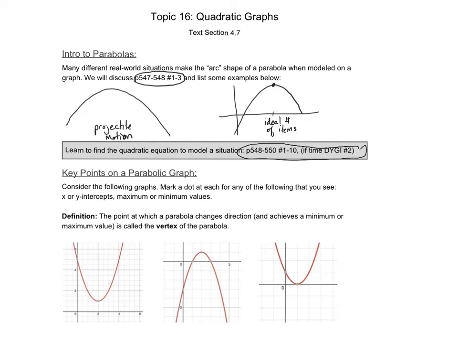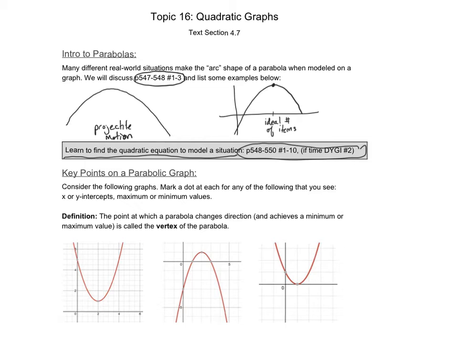This will walk you through one approach of finding a quadratic equation to model a situation. I highly recommend you work through this entire process, and you will definitely want to watch the videos to check yourself, particularly as you get to questions 8, 9, and 10. The did you get it in number 2 will do a nice job of reinforcing. So at this time, go ahead and pause this video and work through all those problems in your book.